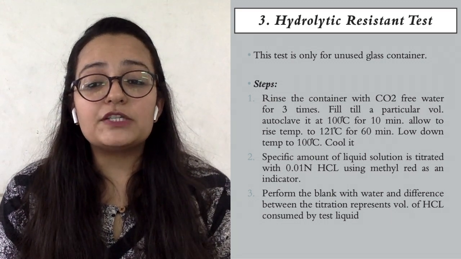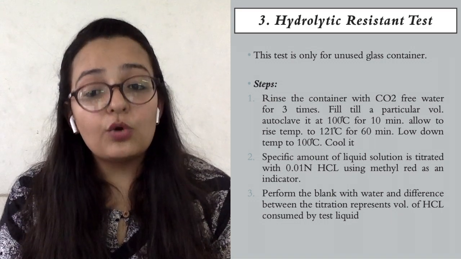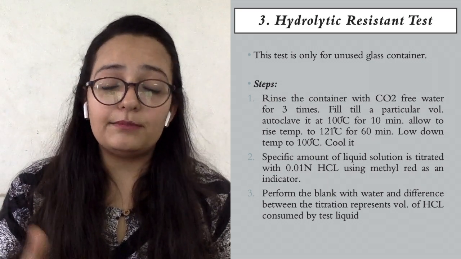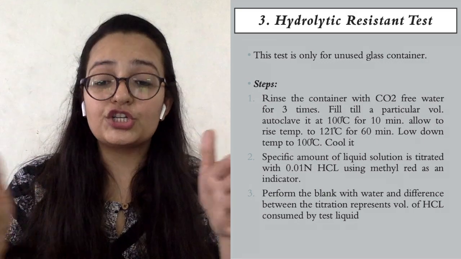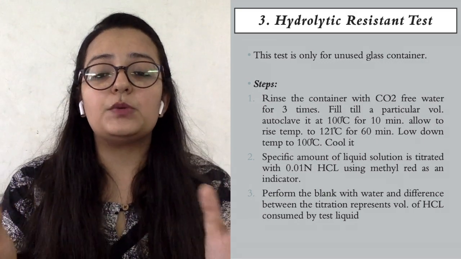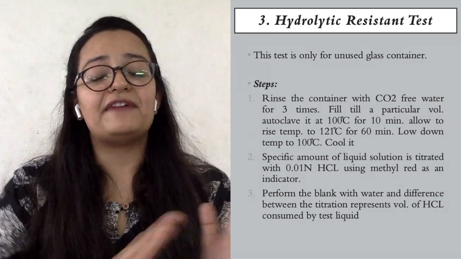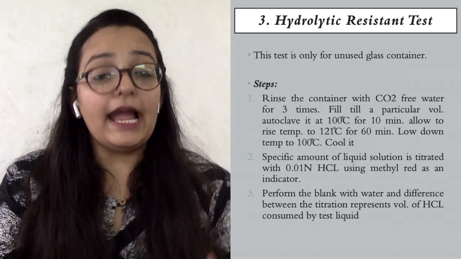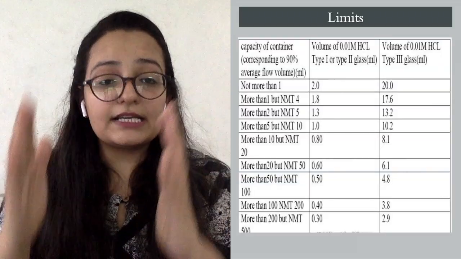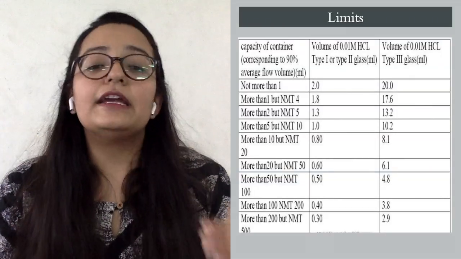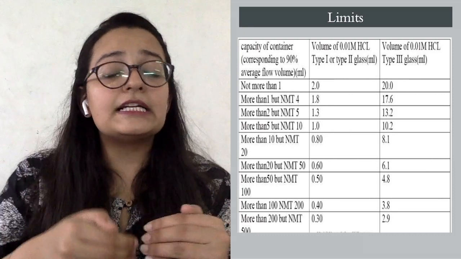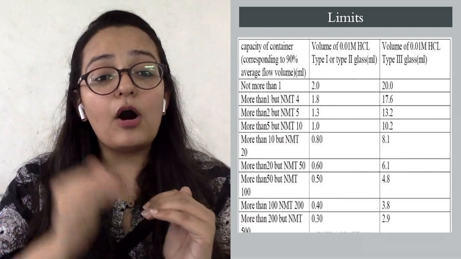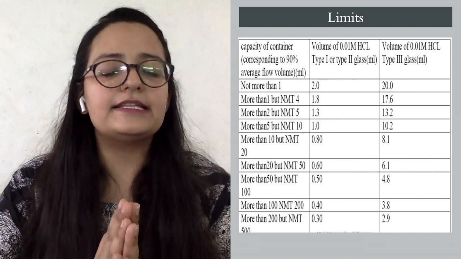A specific amount of the liquid solution is titrated with 0.01 normal HCl using methyl red as an indicator, and a blank titration is performed with water. The difference between the titrations represents the volume of HCl consumed by the test liquid. Compare the result with its limit. If the result is between the limits, it passes the test, and if it is above or below the limits, it fails the test.